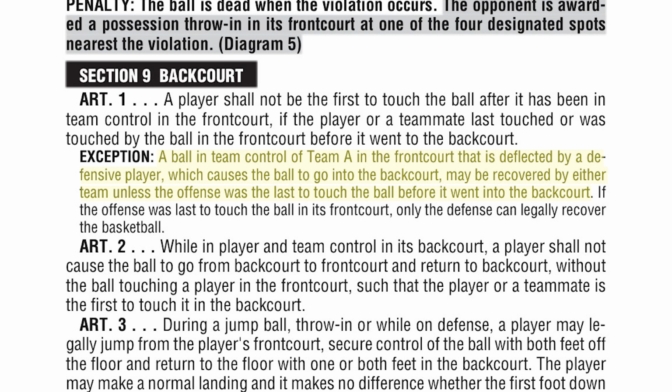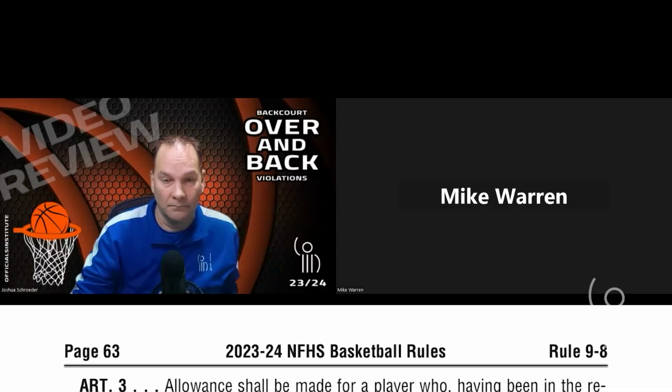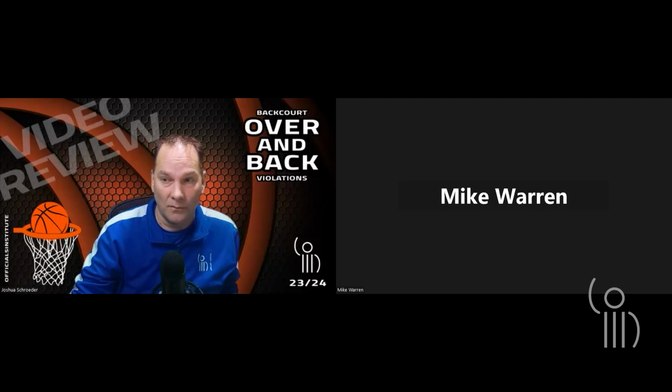So my question is, do we say that he has control on that play where his foot's on the line? Right. That might be an interpretation that the official, the trail, was interpreting that he didn't gain control until his foot was on the line, and therefore it was okay. But that's not what the rule says, Mike. Read it again. If it's deflected, and at the point where I said continue reading.